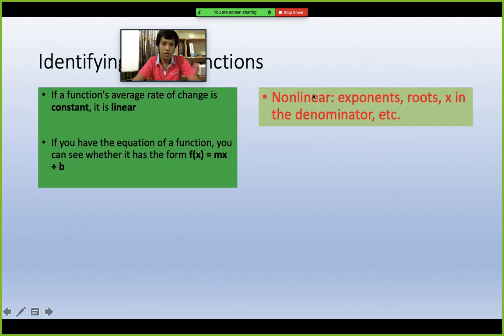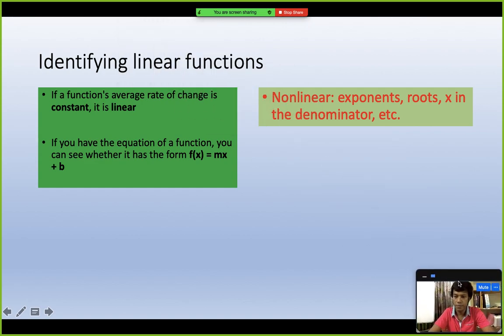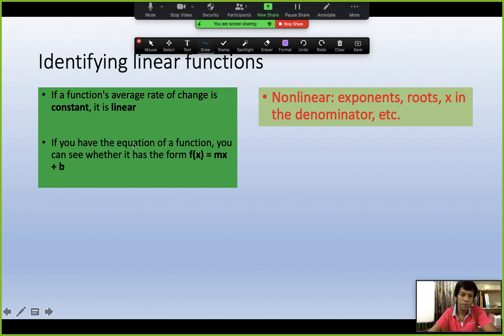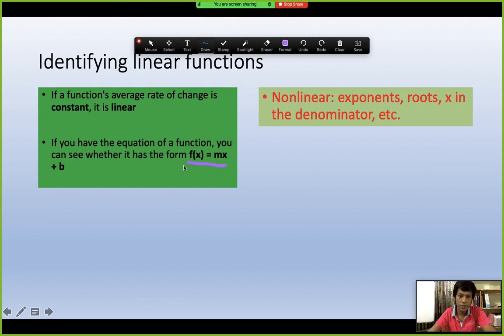So first of all, what is a linear and what is a non-linear function? For a linear function, this is the shape: f(x) = mx + b, or y equals some equation of a straight line.